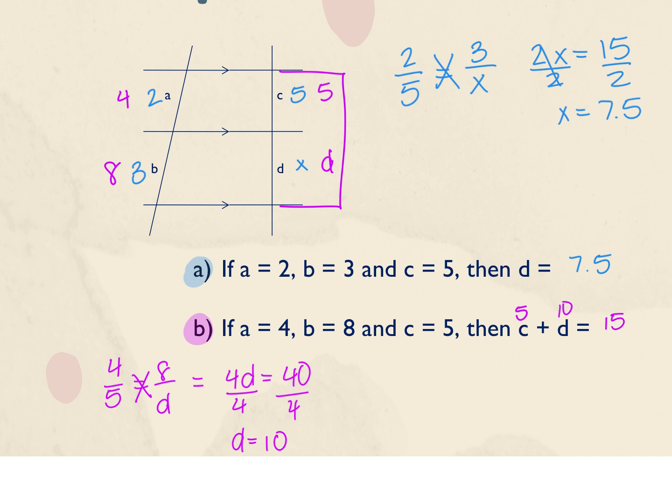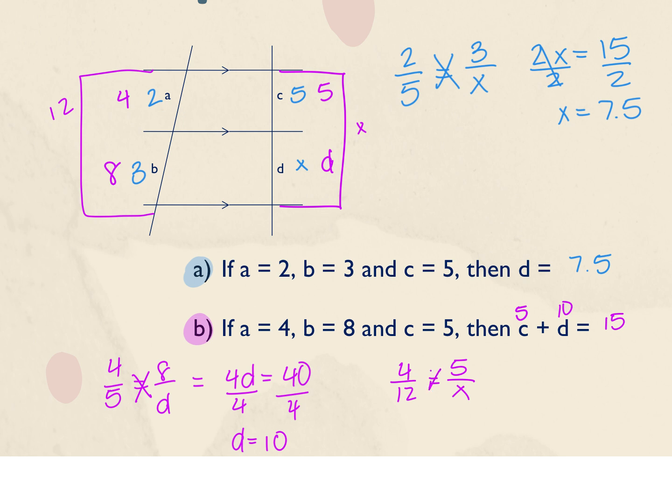However, because I'm solving for this entire side, we'll call it X. I need to also add this entire side, which is 12. So how am I solving it this way? I will put it as 4 over 12 equals 5 over X, because again, 12 is the entire side, and X is the entire side of my right side.